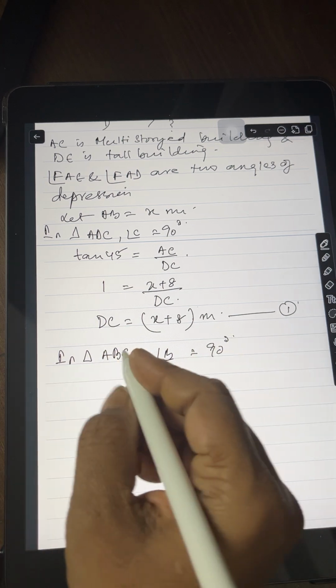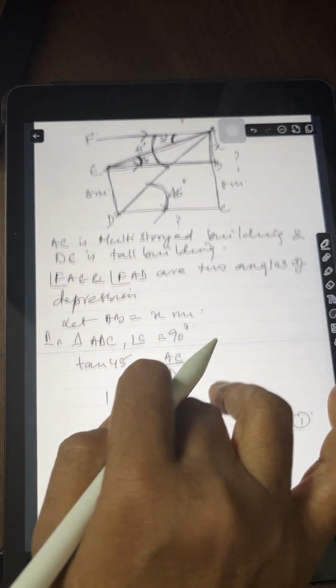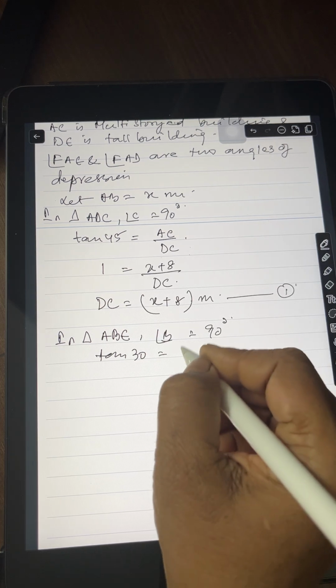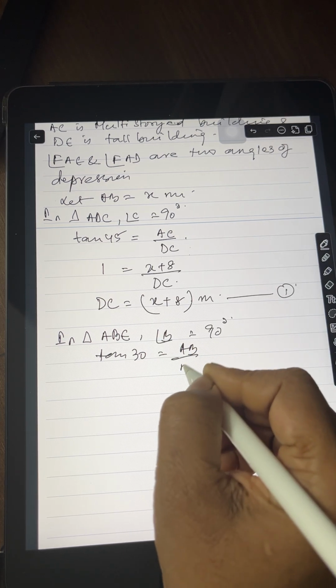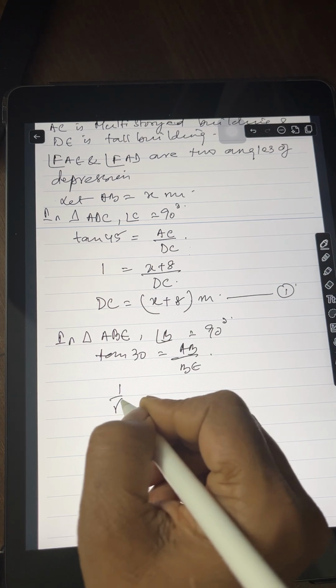So tan 30 is AB by BE. What is tan 30? 1 by root 3.